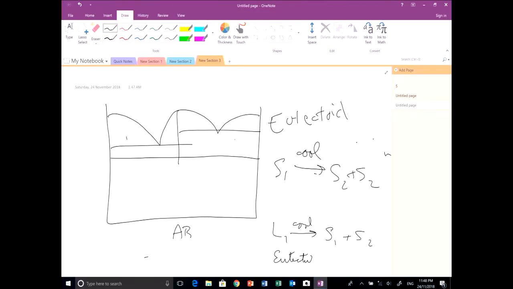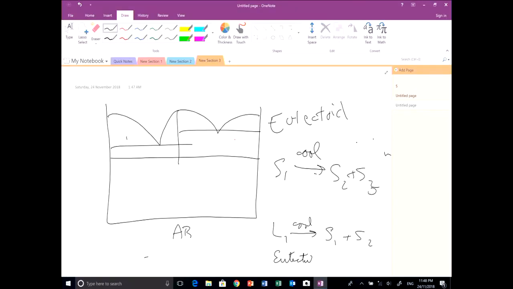So now we have eutectics, peritectics, melting points, peritectoids, eutectoids. Yes? The eutectoid reaction should that be S1 to S2 plus S3? Yes, did I get that wrong? S3. Yes, S3. Yes, thanks. Okay.